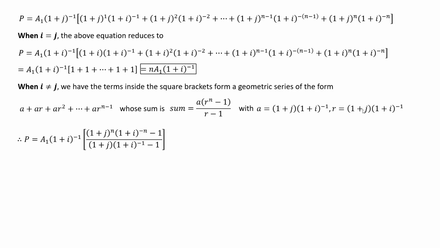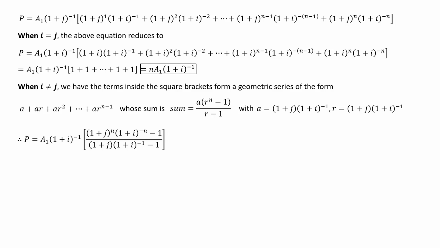The whole thing is raised to n. Because these are multiplying, I need to raise each one of them to a power of n: (1 + j) to the n and (1 + i) to the negative n. That's what I have, minus 1, r to the n minus 1. That's what you see here, over r minus 1: (1 + j) times (1 + i) to the negative 1, minus 1. Cool. Oof. So this is the formula.